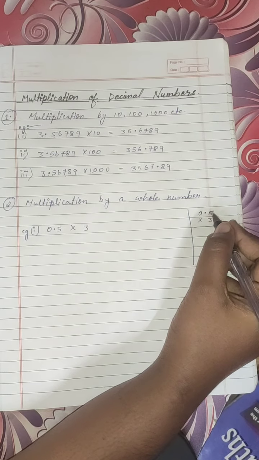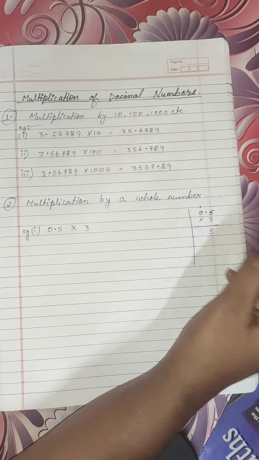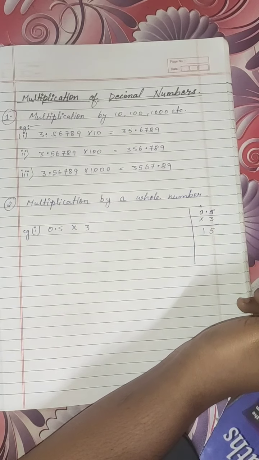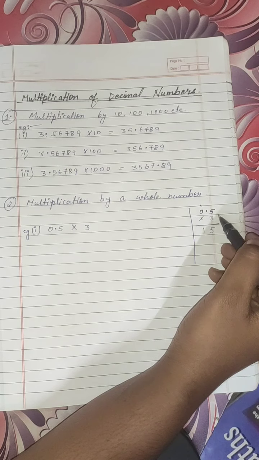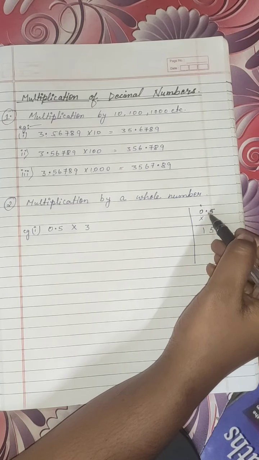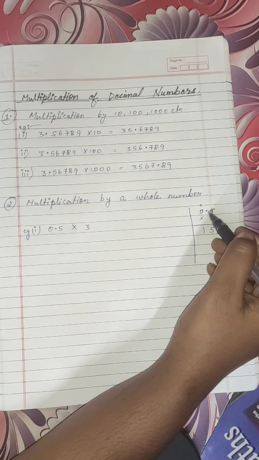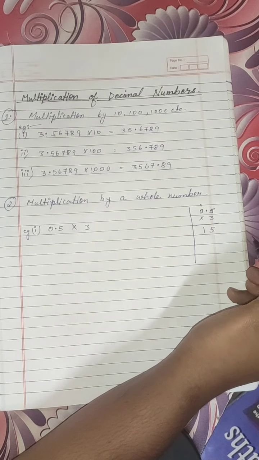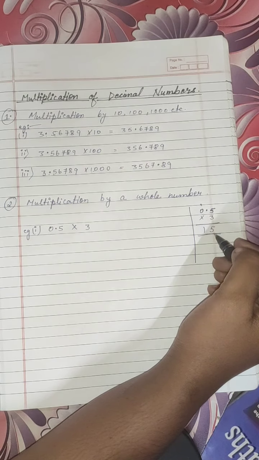3 into 5, 15. 5 comes here, 1 comes here. So 3 zeros are zero and this one comes down. Now you have to see how many points are here. 1 point here. Just after the point, how many digits? One digit. So we have to see this in the result.